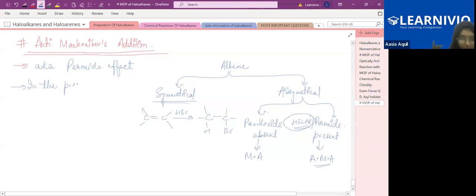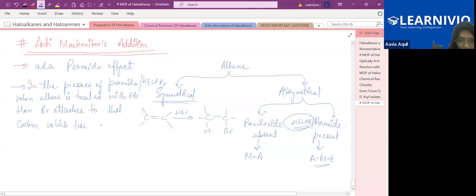So in the presence of peroxide or helper, when alkene is treated with HBr, or any halogen acid like HCl, then bromine, the negative part of the reagent, will attach to that carbon which has more number of hydrogens.